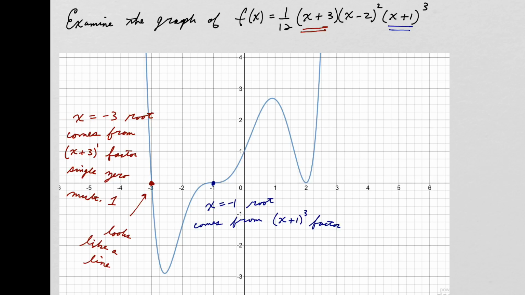And we know that it's a triple 0 or triple root, and the multiplicity is 3. Triple means multiplicity is 3. And what does the graph look like close to that root, close to that point? It looks like a cubic function.